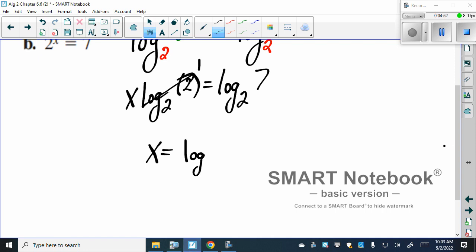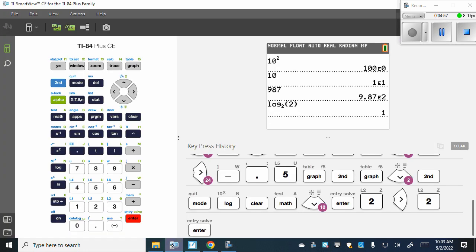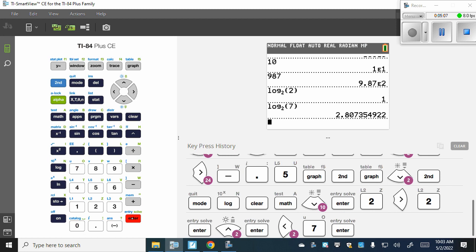Now on the other side we have log base 2 of 7. So I'm going to pull this back down and type log base 2 of 7, and if we hit enter, we get 2.807354922. It's not a nice number.